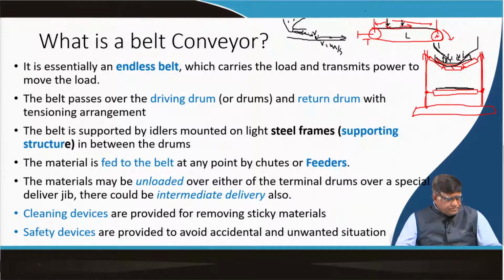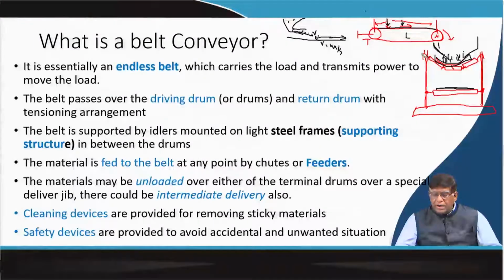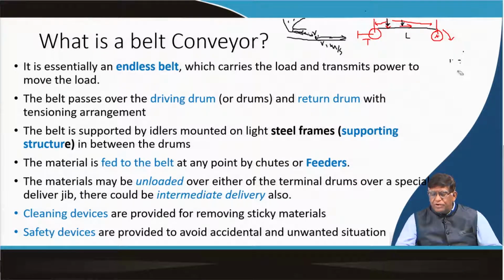But the materials which are coming over here need to be unloaded, so you will have to put this material in such a condition that it can go from there. You can have a hopper here, so that the hopper guides the material coming as a projectile when it hits over here, and guides it down.